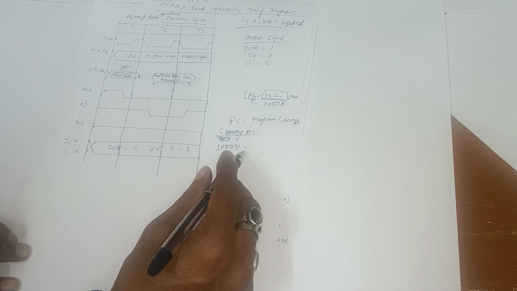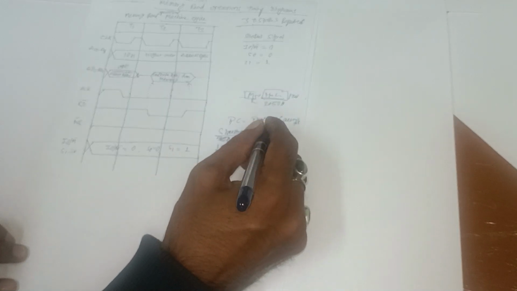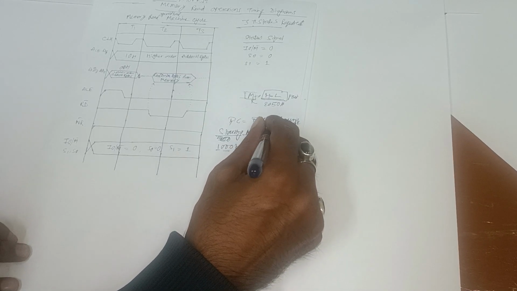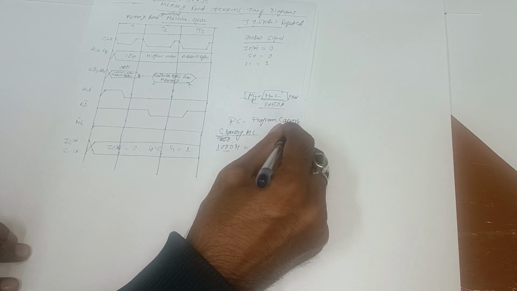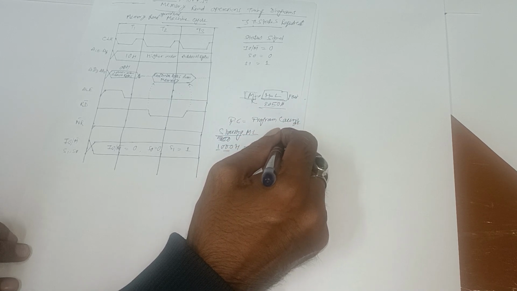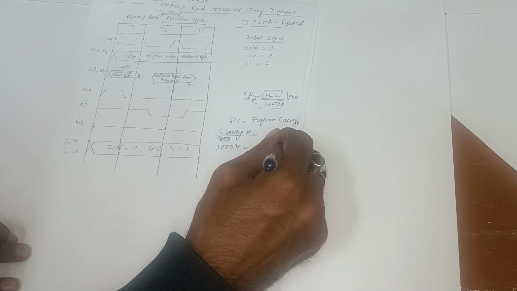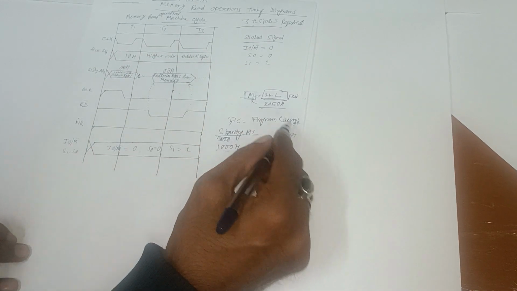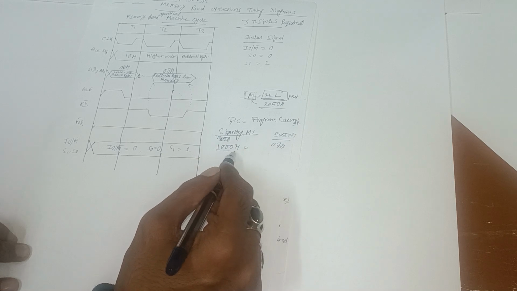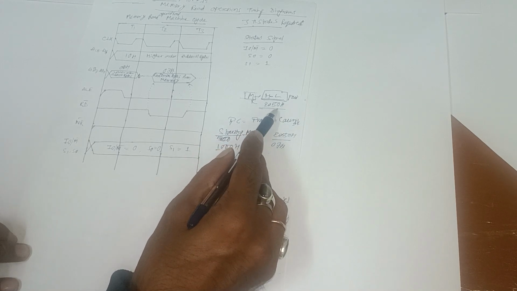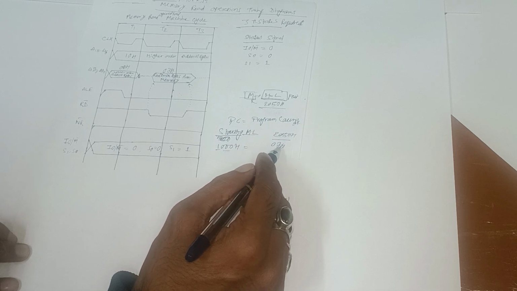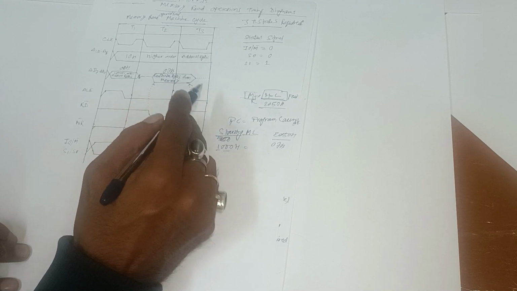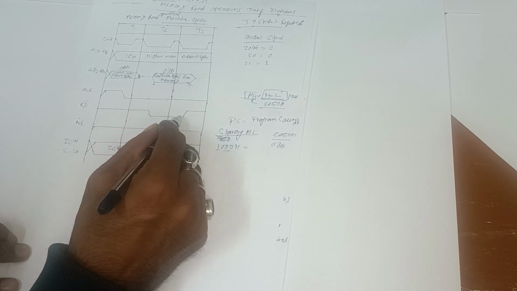Suppose the content of the HL register pair is 2050H, and the content of the 2050H memory location is 07H. That data byte will be read from memory. So for this particular location 2050H, the data byte 07H is copied, and this happens in T2 to T3.